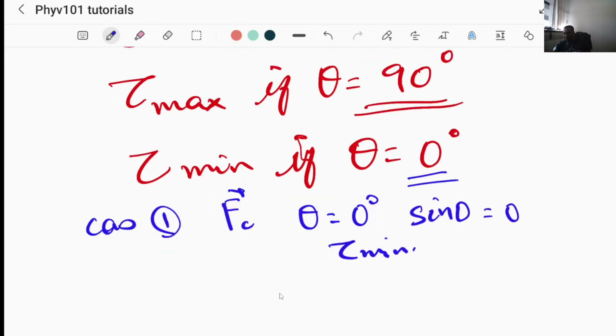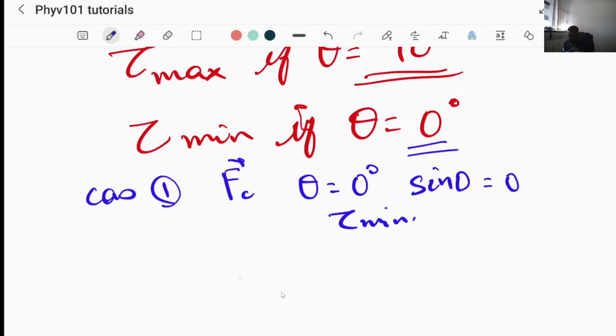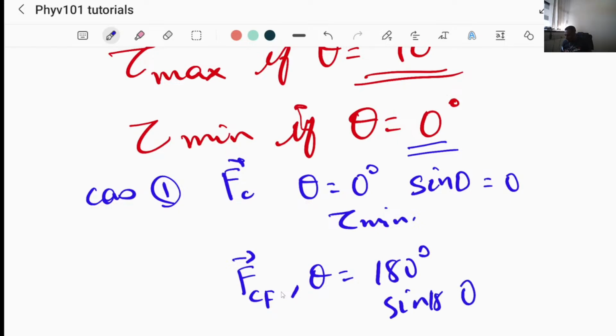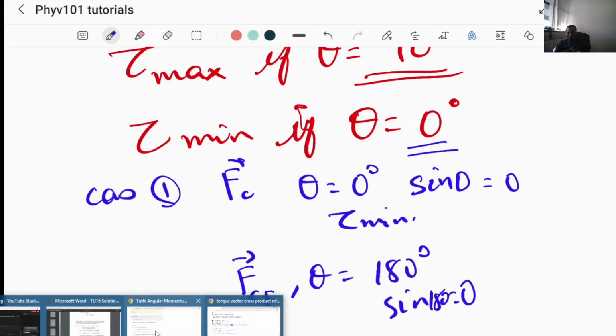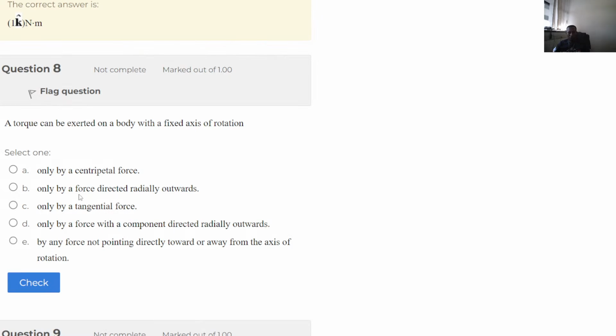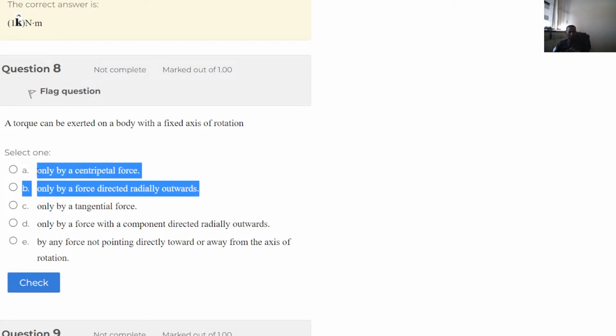In the second case, the centrifugal force, the radial direction is inward and the force is outward, so theta is 180 degrees, and the sine of 180 degrees is 0, therefore there is no torque. Meaning this one also does not cause any torque. These two are wrong, we already know.